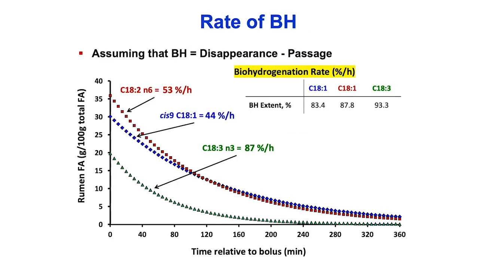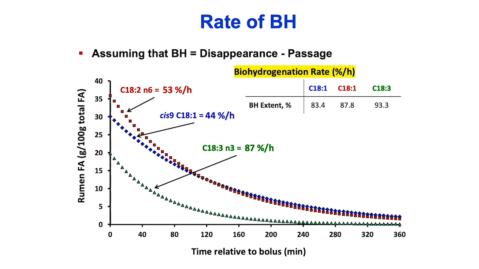This is the curve that we're fitting to these loss rates. We find biohydrogenation rates ranging from 40% per hour to 87% per hour. Our 18:2 is 50%, oleic acid 44%, 18:3 is 87%.